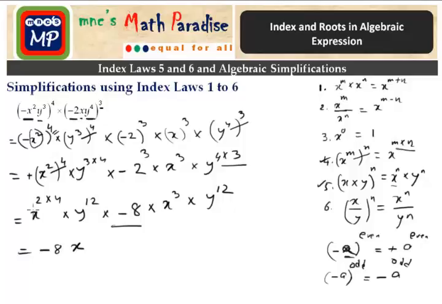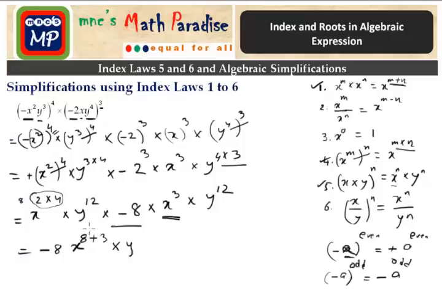Now for x, 2 times 4 is 8, so x to the power 8, and here is another x term, x to the power 3. All these terms are multiplied. So x to the power 8 times x to the power 3: using index law 1, x to the power m times x to the power n, same base, different powers, the powers are added. So we get 8 plus 3.